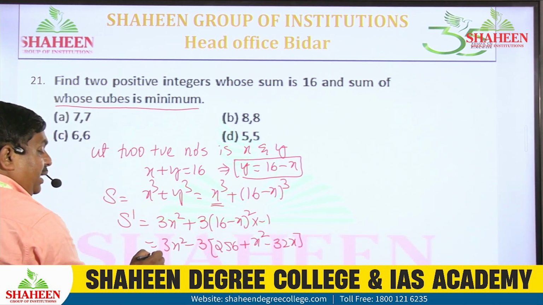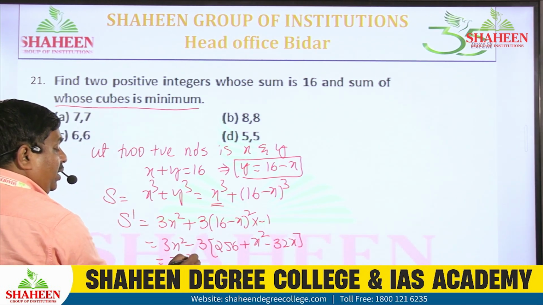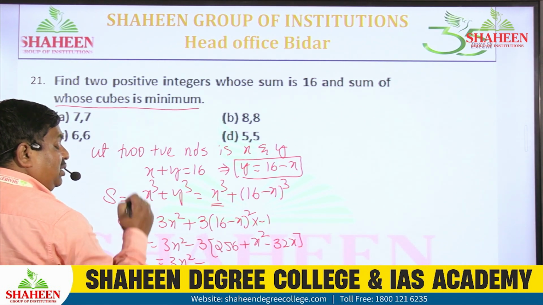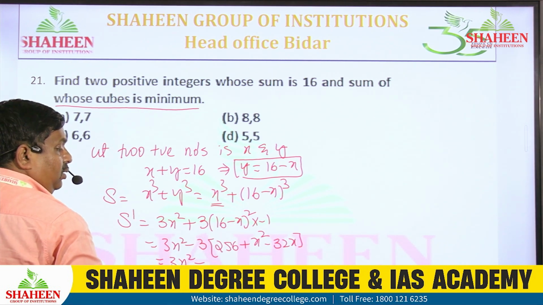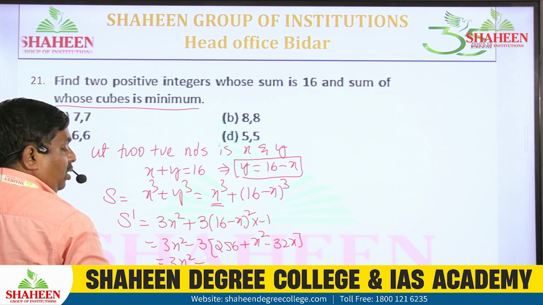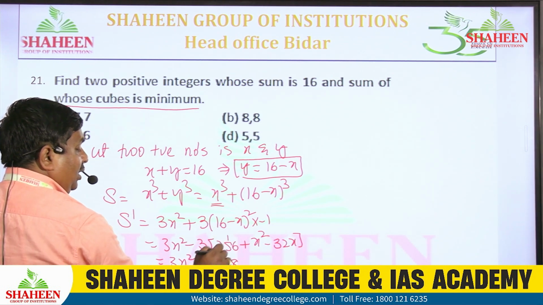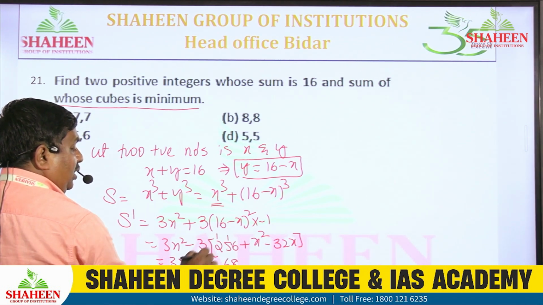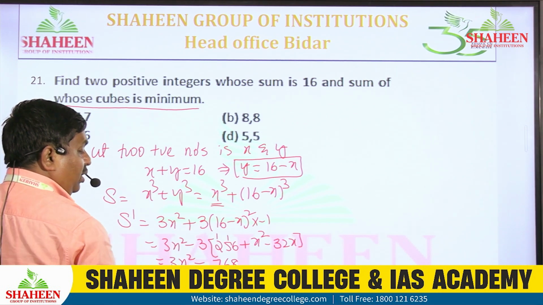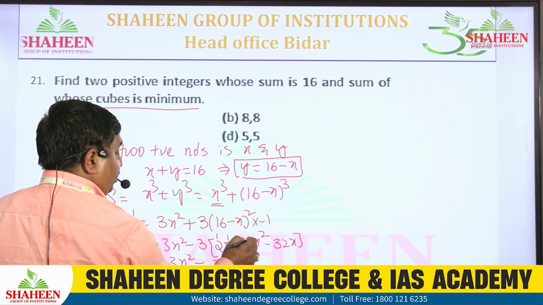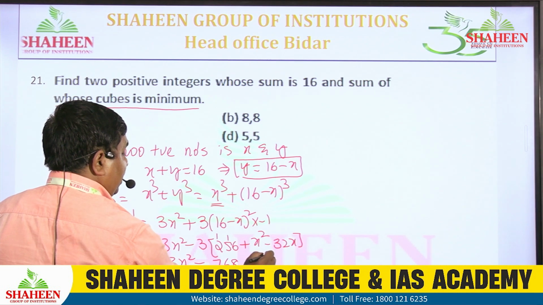On opening this bracket, this becomes 3x square minus 3 into 256, which is 768, and minus 3 into x square is minus 3x square.